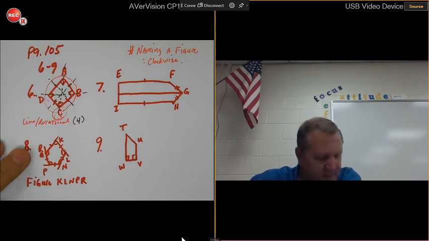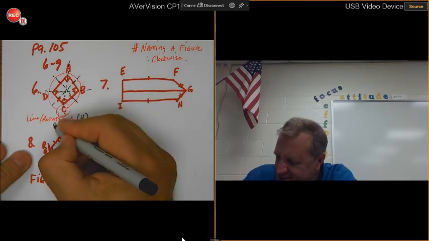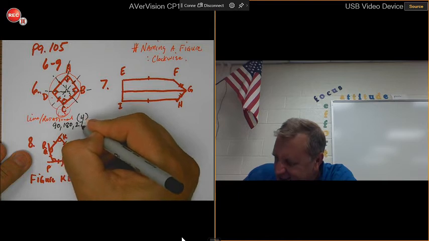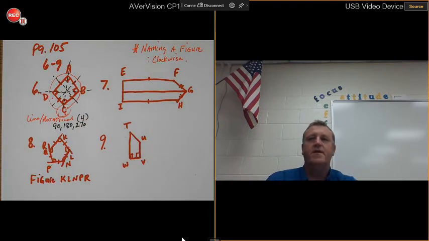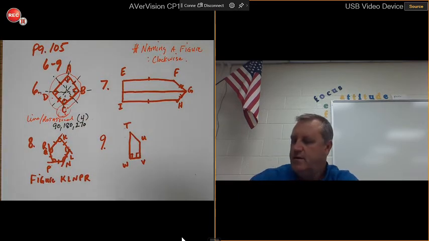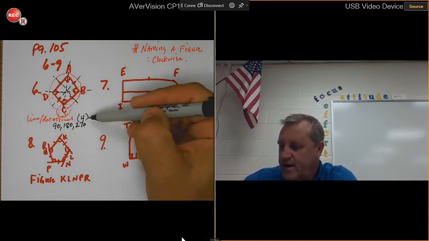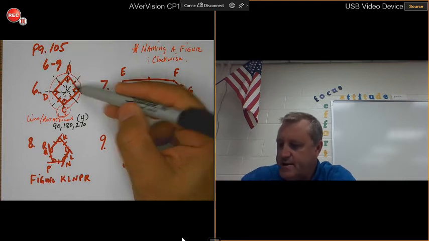And then what are the angles? Well, we already did this, right? 90, 180, and 270. So those are all the things that you should have filled in. Line, rotational, 90, 180, 270, and there are 4 lines.